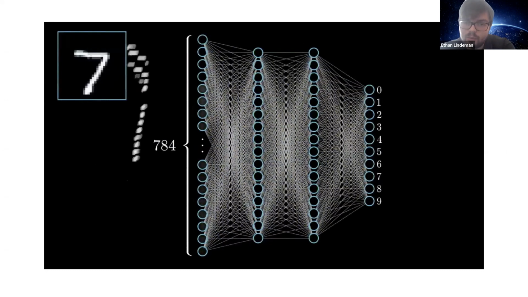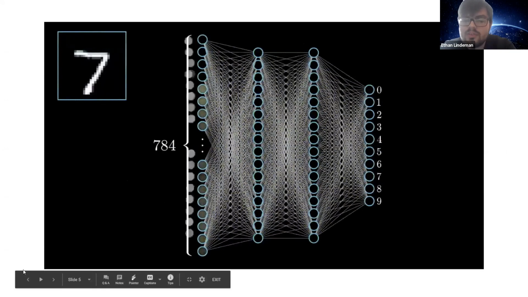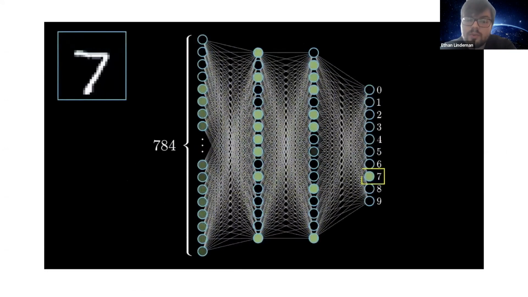So what we haven't mentioned is that each of those little edges, all of those lines, have a weighting to them, a number, usually between 0 and 1. And what happens is the value in the neurons, the circles, gets multiplied by the weight that it travels along.